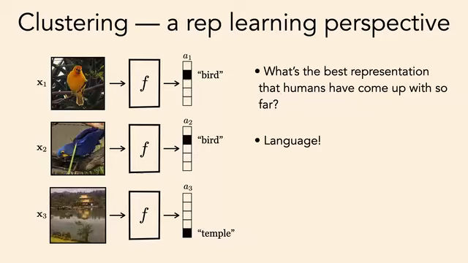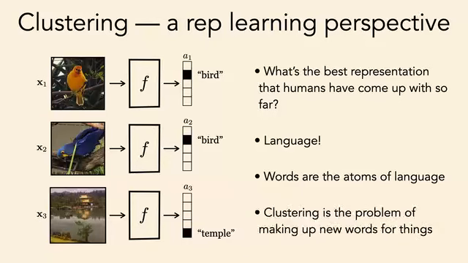Words are the atoms of language. There's grammar and structures between words, but words are the important component of language. And clustering is the problem of making up new words for things. That's one way of understanding it. A word is a symbol that, at least as a rough definition, denotes a set, and that's what clustering is doing.